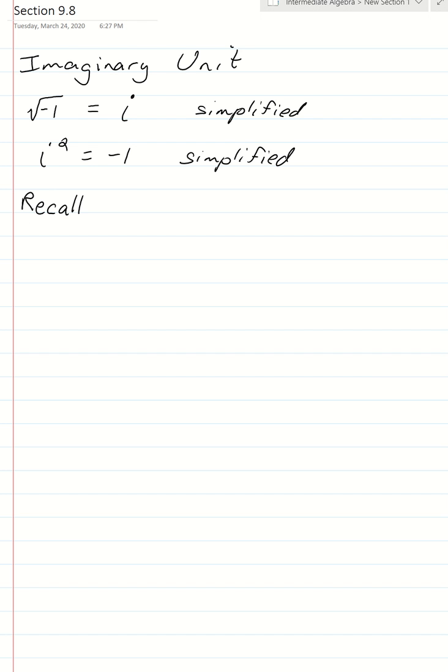You may recall when we were working with radicals earlier, when we took the square root of 4, we said the answer was 2. When we took the square root of, let's say, 36, we said the answer was 6. And when we first talked about radicals, and let's say we took the square root of a negative 4, back in section 9.1, recall what our solution said.